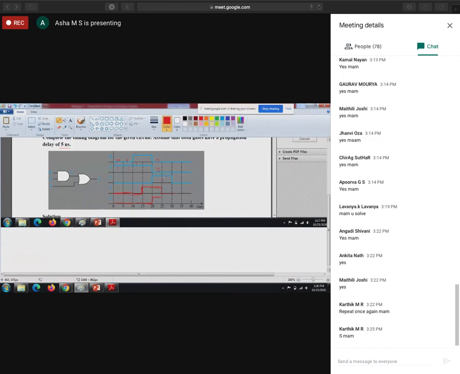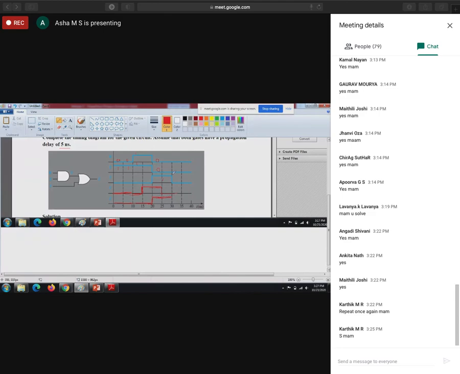Y is 1 here. At 25, V is changed from 0 to 1. 1 0 is nothing but still it's 1 only. Still the output is 1 only, so it will be retained.